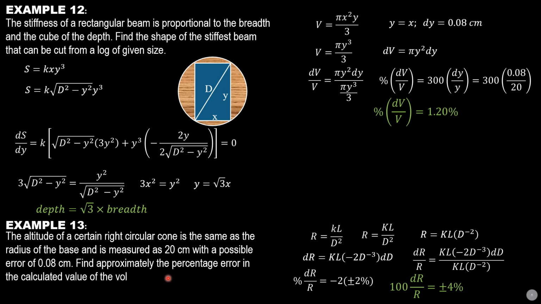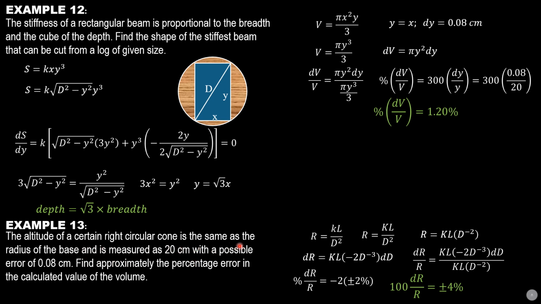Find approximately the percentage error in the calculated value of the volume. So the volume of a right circular cone is pi radius squared times height over 3. The radius is denoted by x and the height by y. So in this problem, it is mentioned that the height is equal to the radius.